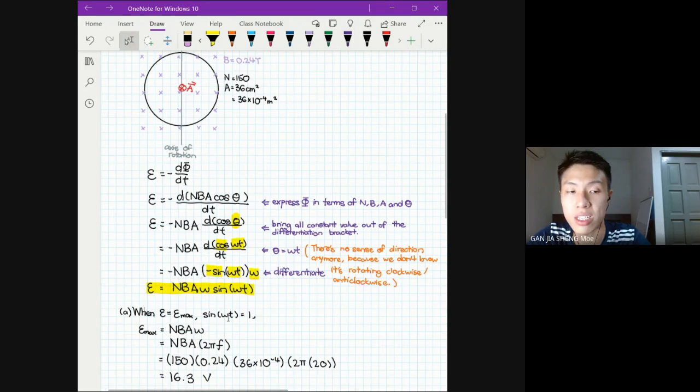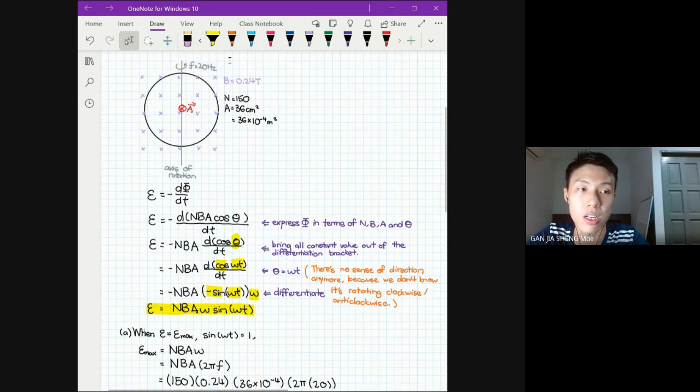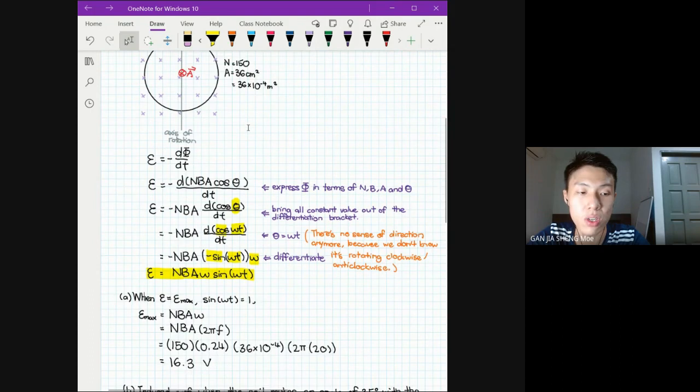So now you can just take NBA omega. Omega is equal to 2 pi f. Angular frequency is 2 pi times the normal frequency. So you can now do your substitution: 150, 0.24, 36 times 10 to the power negative 4, 2 pi times the frequency, which is 20 hertz over here. Once you have done that, you will find that the maximum induced EMF is 16.3 volts.